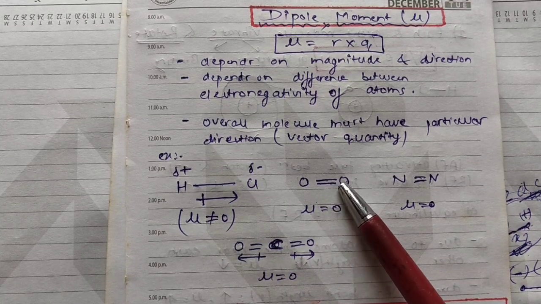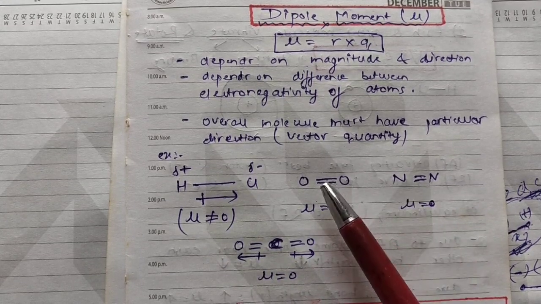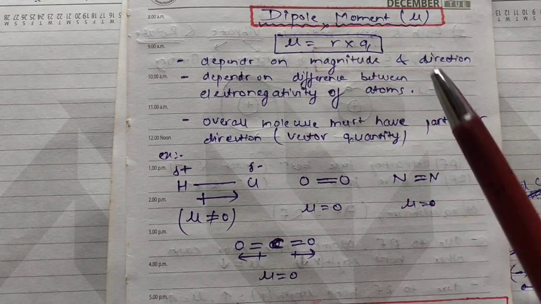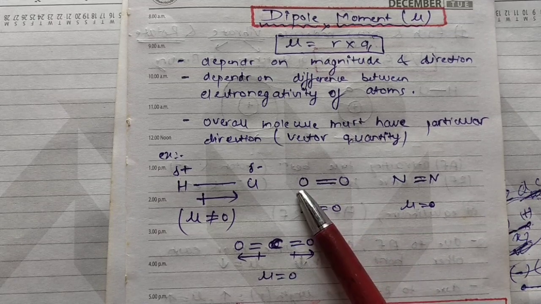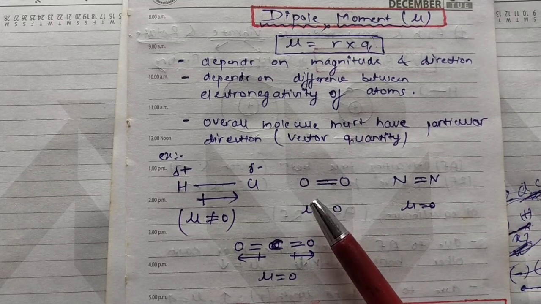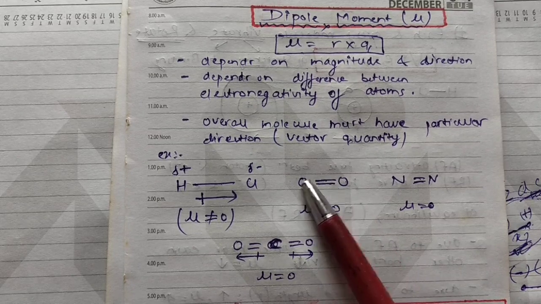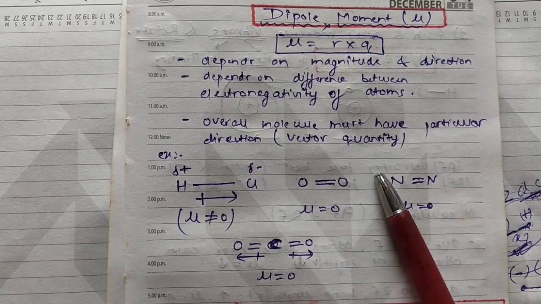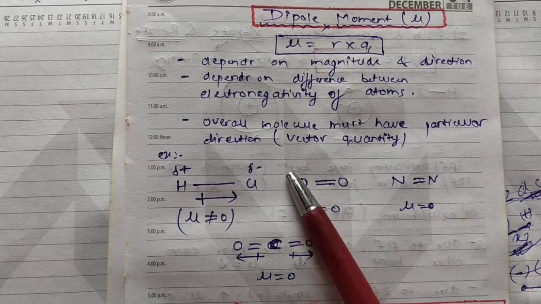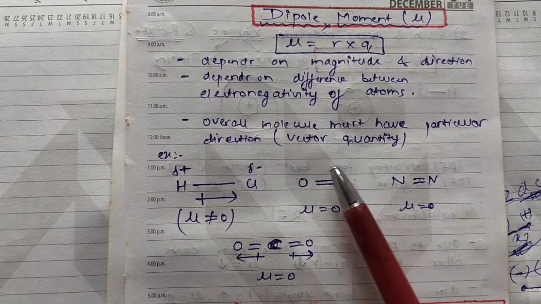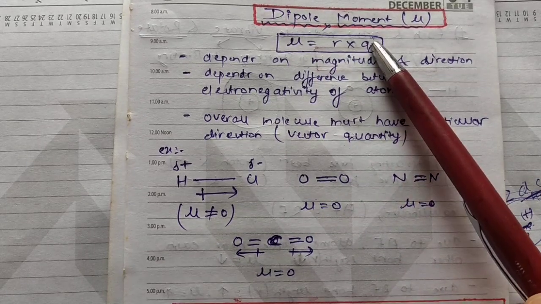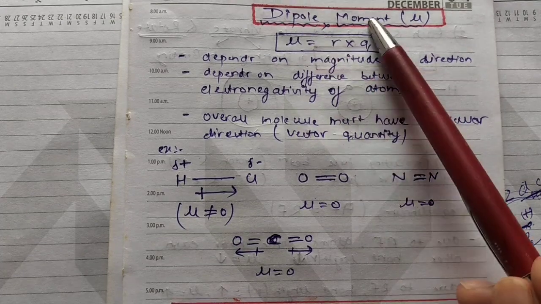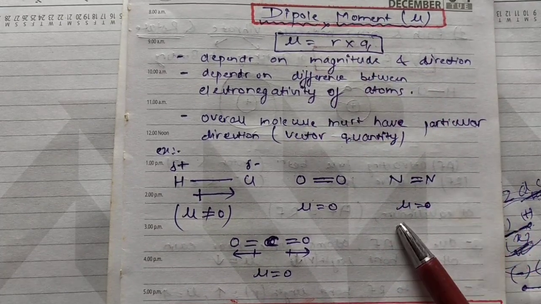Coming to oxygen and nitrogen, they are separated by some distance, so r is there, but at both ends, because of the same atom, there is no electronegativity difference, so there is no pulling of electrons towards one atom, and no positive and negative charges develop. With no charges, q will be zero, and so the dipole moment will be zero. The same goes for nitrogen dioxide.